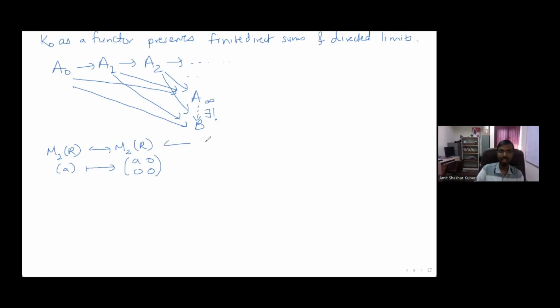Then you can again go further and further and further. The directed union of this system is denoted MR. Yeah, note that we dropped n from M_n(R) and we are just calling it MR, which have only finitely many non-zero entries.